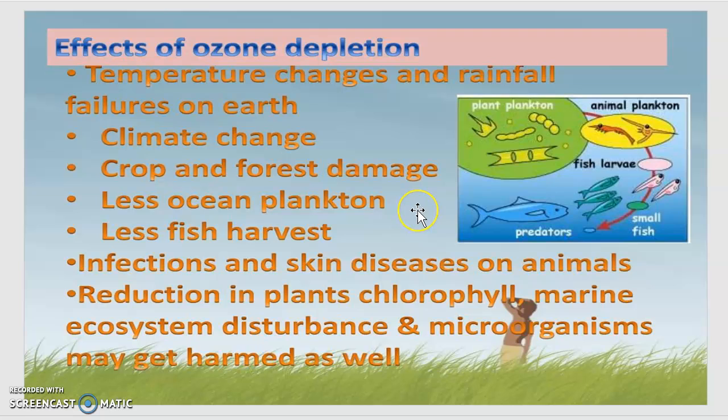Because we learned already that the ozone layer protects us from the harmful UV rays. What if it will become thin, or even there will be a hole on it? So there will be no more layer that will protect us. And these UV rays can go straight on the surface of the Earth.